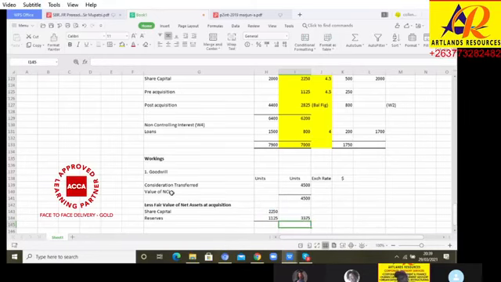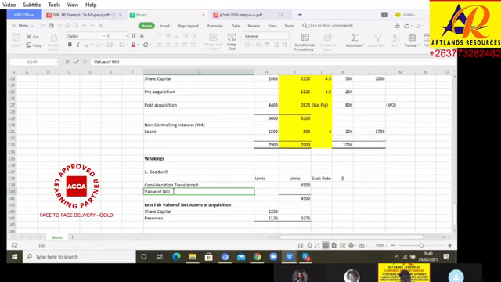Now, NCI is a share of net assets. So we acquired only 70%. We acquired SAR 70%. It means NCI is 30% times 3,375. Are you not seeing how we go about it if it's a partial goodwill method? Because 0.3 times this.